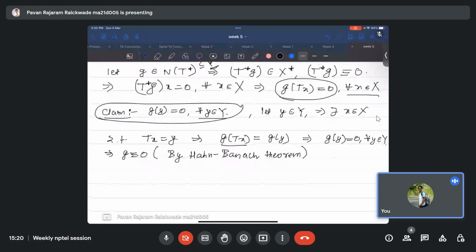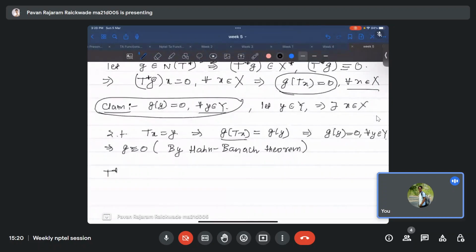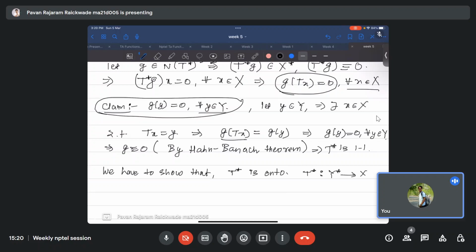Now the remaining claim is that T star is onto. We have to show that T star is onto. T star is from Y star to X star, right?